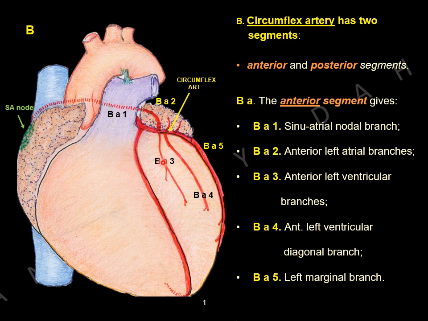And number two is anterior left atrial branches. Number three, anterior left ventricular branches. Number four, anterior left ventricular diagonal branches. And number five is left marginal branch.